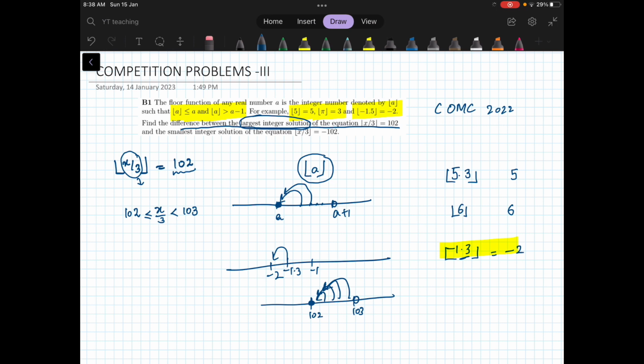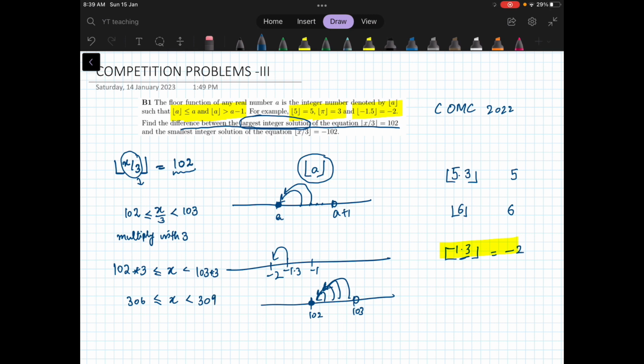Now if I multiply by 3, it will not change my inequality signs. So I get 102 times 3 less than or equal to x less than 103 times 3. That gives me 306 less than or equal to x less than 309.